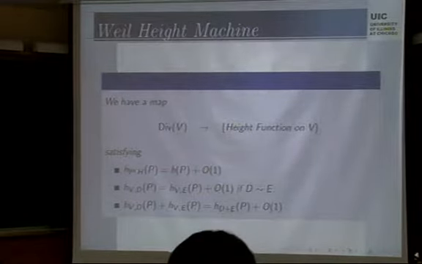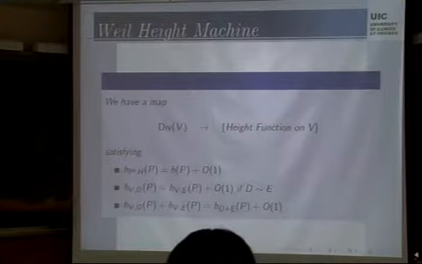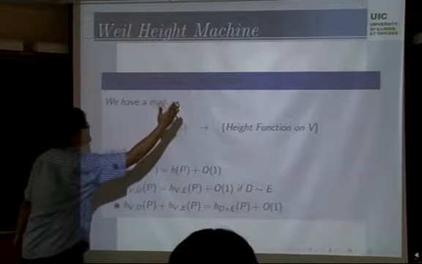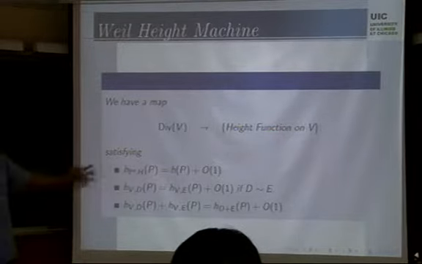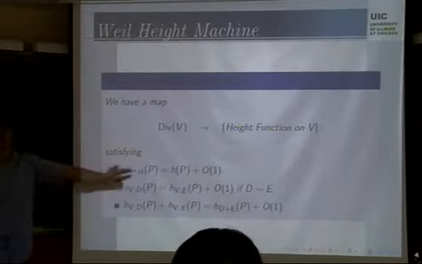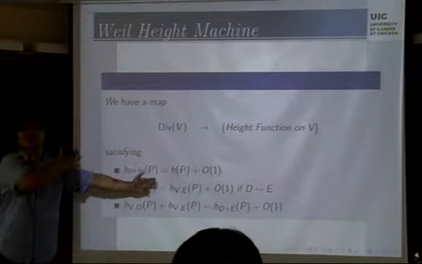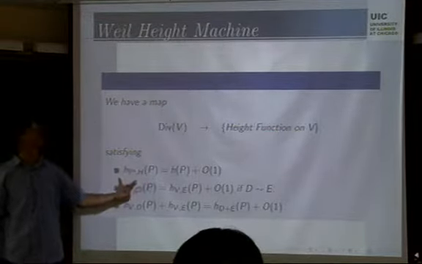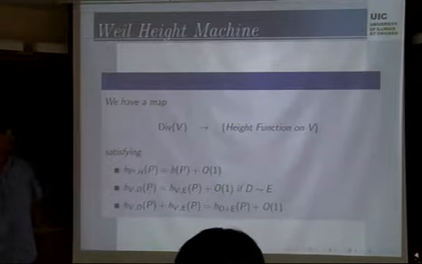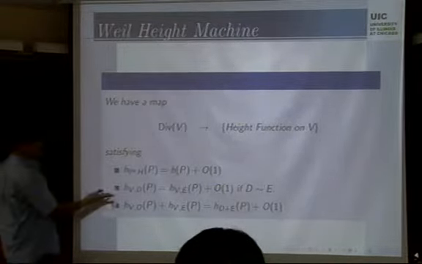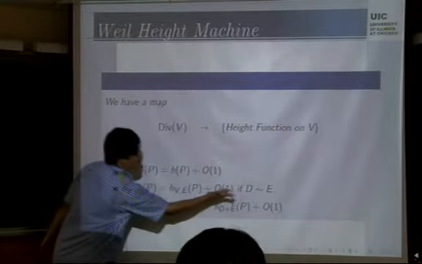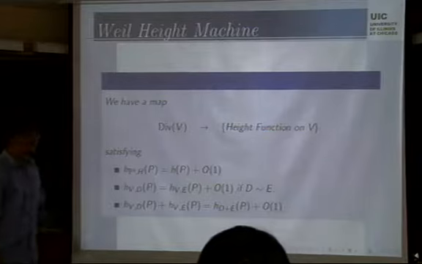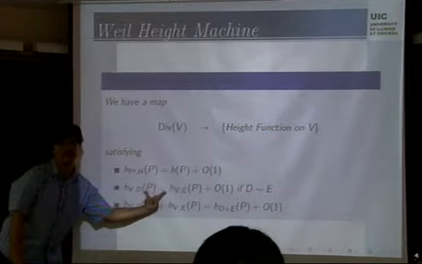These facts generate the Weil height machine. We have a group homomorphism from divisors on V to height functions, I mean the real-valued functions on V, which satisfies that actually your absolute height function defined on the previous pages is generated by your Weil height machine. Secondly, they are actually defined on Picard groups, because if we have two linearly equivalent divisors, they will generate equivalent height functions.